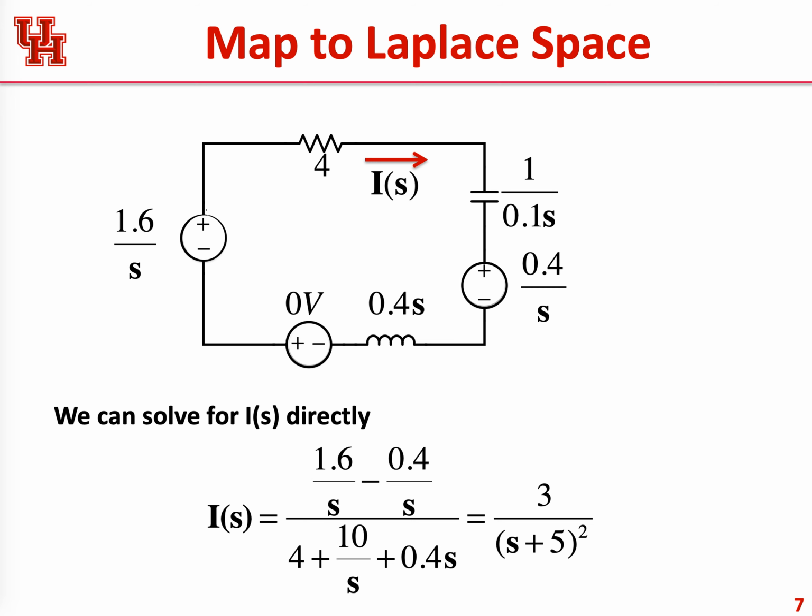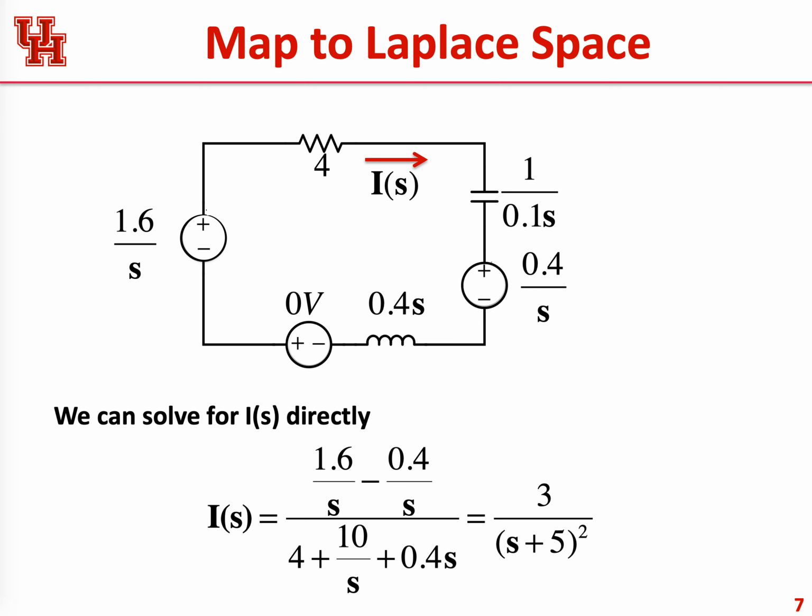So the numerator becomes 1.6 minus 0.4, which is simply 1.2 divided by S. And the denominator is basically 4 plus 10 over S, plus 0.4 S, so I can write that as 4S squared divided by 10. So this is equal to 1.2 divided by 4S plus 10 plus 4S squared divided by 10.